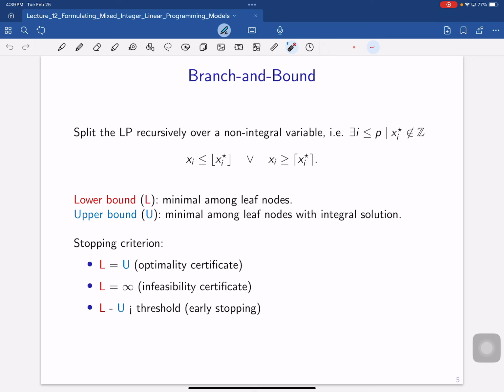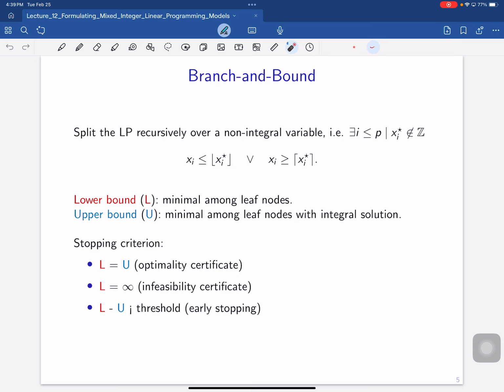So when should we stop? One of the things we may find is that when the problem has finite optimality condition, then you have L equals U. This is like an optimality certificate. Sometimes you may get an infeasibility certificate when you find the lower bound is plus infinity.